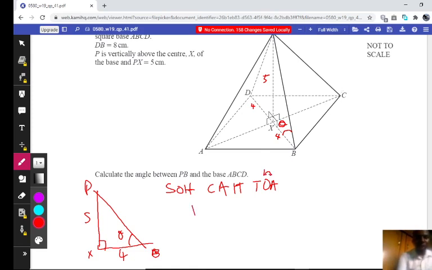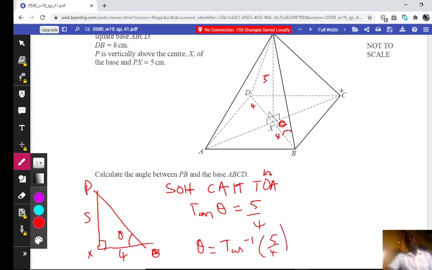So right away you say tan of the angle given, which is theta, equals opposite, which is 5, over adjacent, which is 4. Then to get your theta here, you say arctan of 5 over 4. Find your calculator: first you press second function, then tan, open bracket, 5 divided by 4, close bracket, equals, then it will be 51.3.